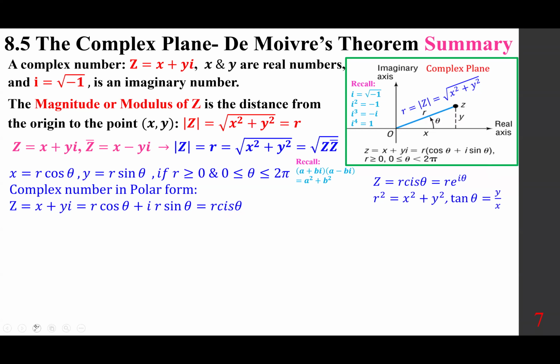The shorthand notation uses r, c stands for cosine, i, s stands for sine, and then r cis theta. This is a fast way of writing this one. This means this whole equation. Got it. Okay, thank you. Sure.